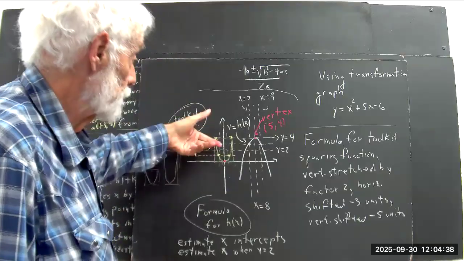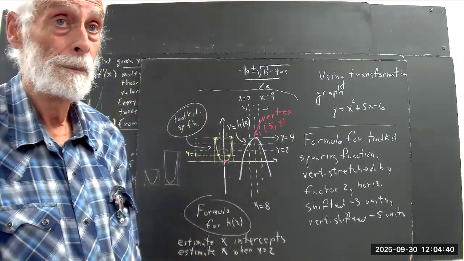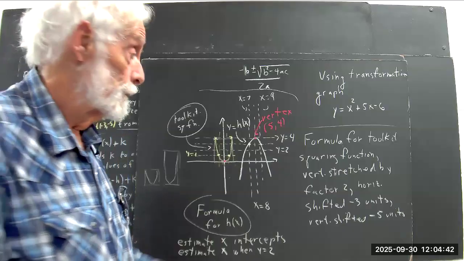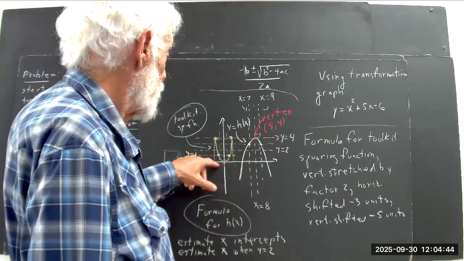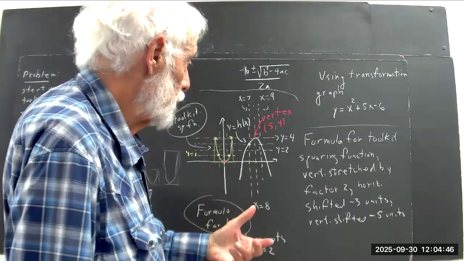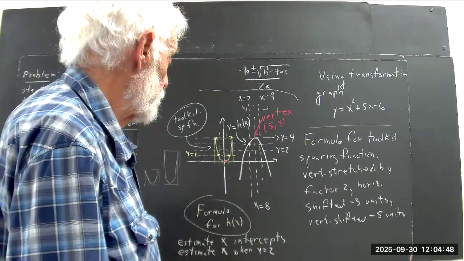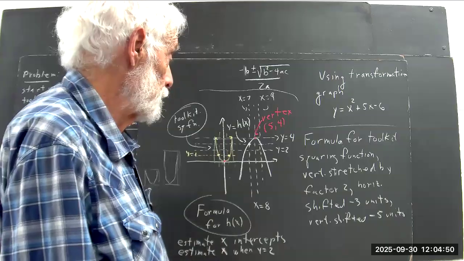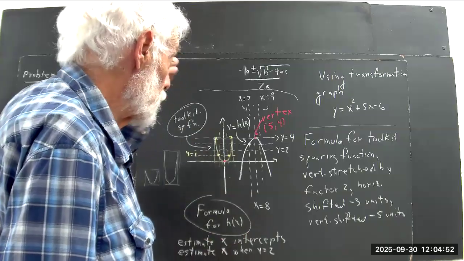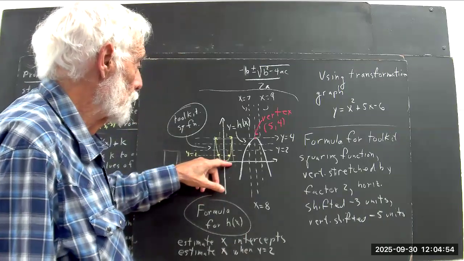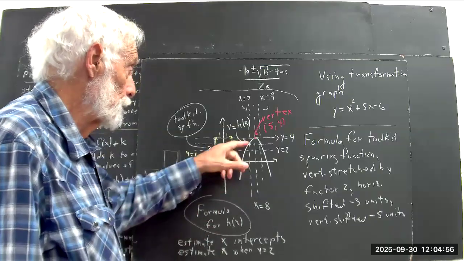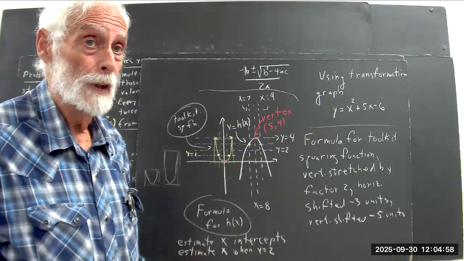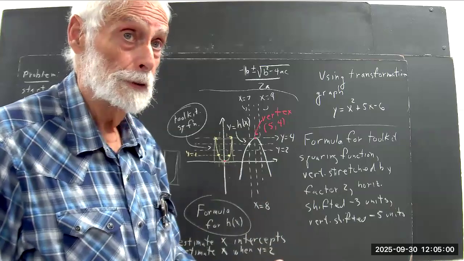This toolkit squaring function has been turned upside down. So that means we're going to have a negative vertical stretch. But we don't really have a stretch because we go 1 unit in the y direction either way. So we just put a negative in front of x squared.